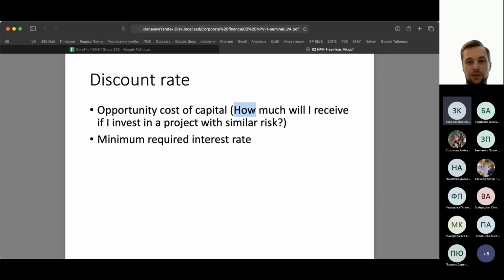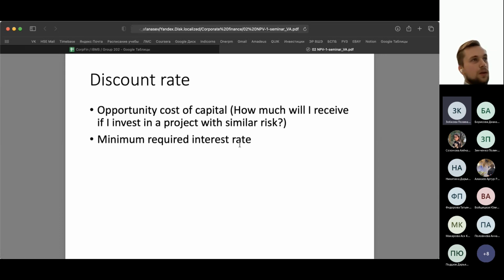We should find a similar project with a similar risk, look at how much we can earn there, and only after that decide whether it is profitable to invest in our friend's project or not. In other words, it is the minimum required interest rate.